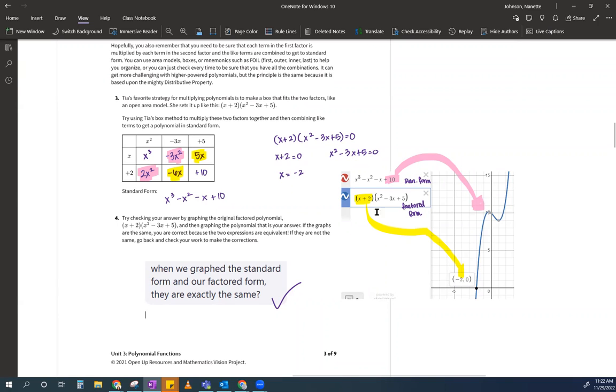And then someone else might say, hey, Ms. Johnson, how come you didn't solve this one for 0? Does anybody see why I don't need to solve it for 0? Kind of.